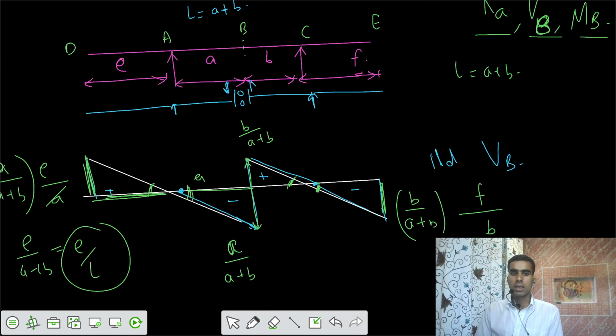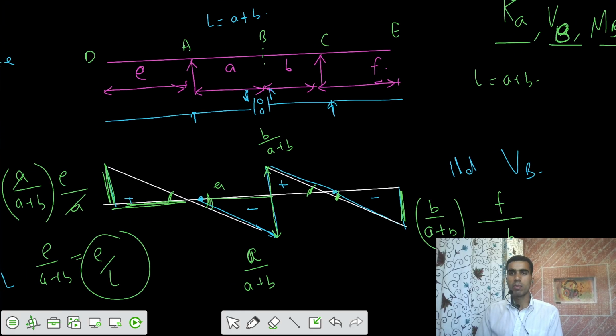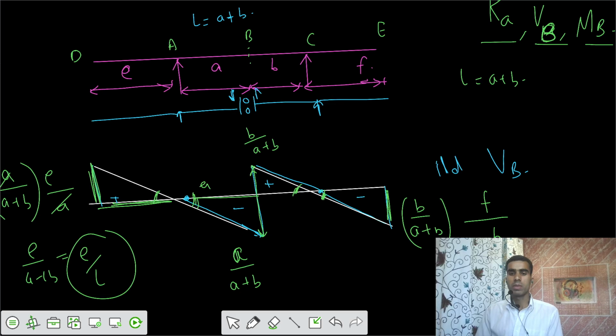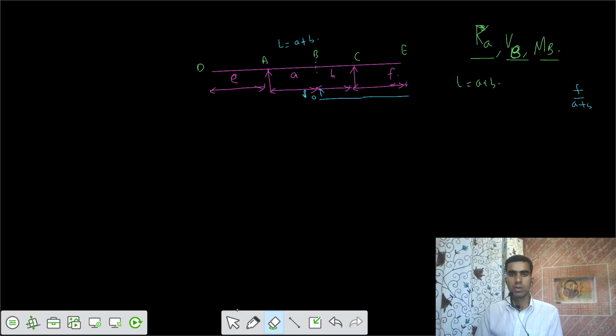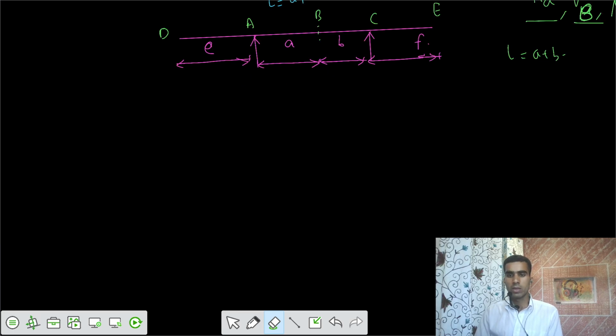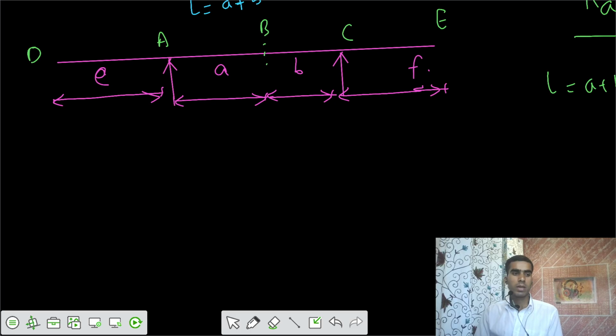Now we need to get the bending moment at B. ILD for bending moment at B. So Muller Breslau principle, use that.